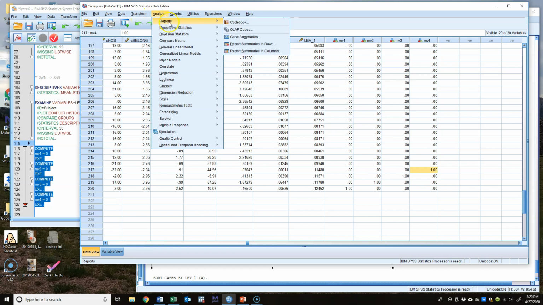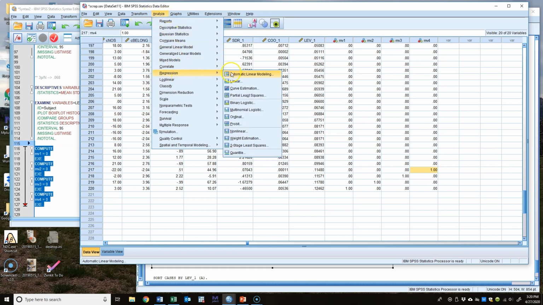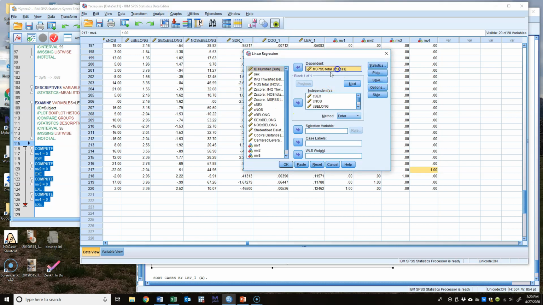Okay, so I'm going to go to Analyze, Regression, Linear, and this time instead of MSPSS, from our first case, I'm going to put this indicator from MV1, right? And so this is going to tell me what variables are likely contributing to this case being weird in terms of leverage space. Okay, so I'm going to leave sex, NOS, belonging, so all my predictor variables are in there.